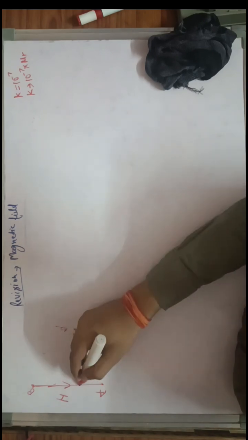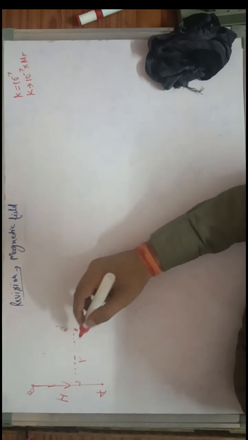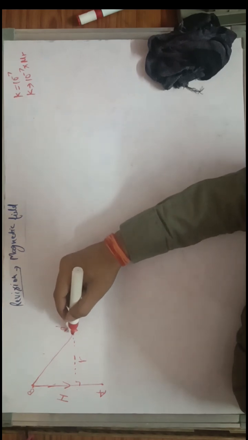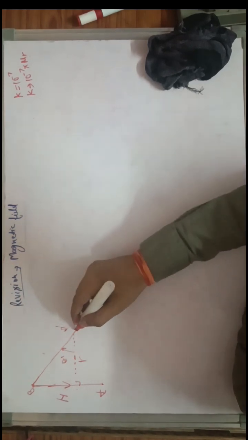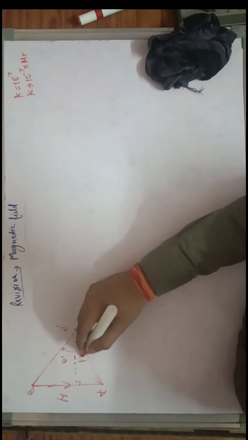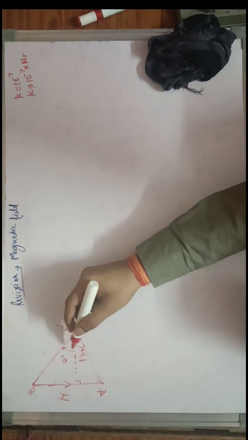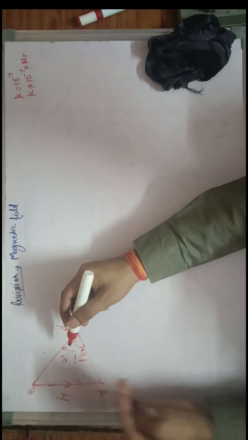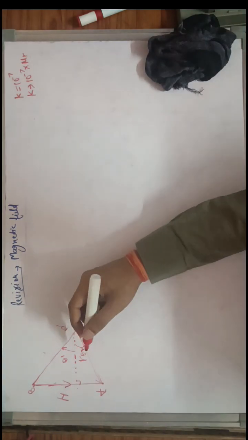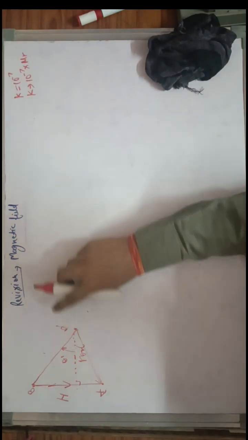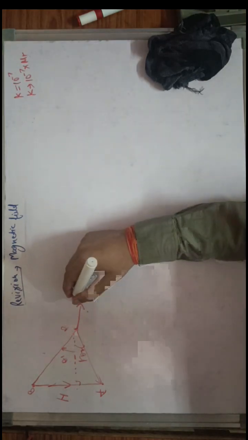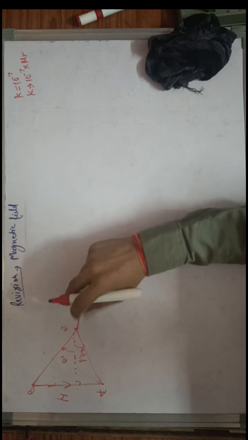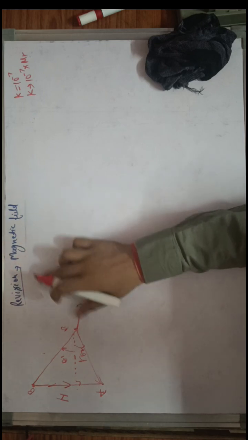Let this perpendicular length be R, and similarly, just like we did in the case of electric field, we will draw an angle theta1 here and angle theta2 here, and one angle is taken positive in this direction and one in this direction. And there would be the total magnetic field at this point, let's say B net.